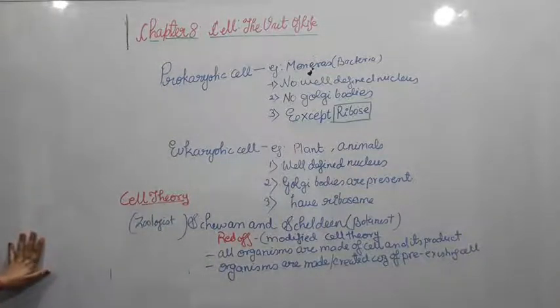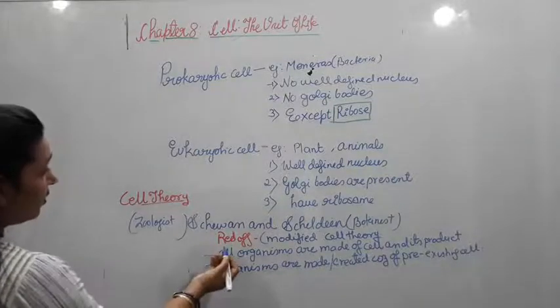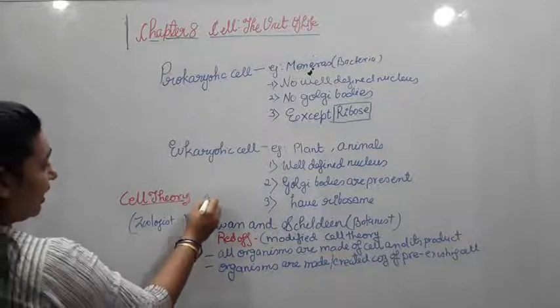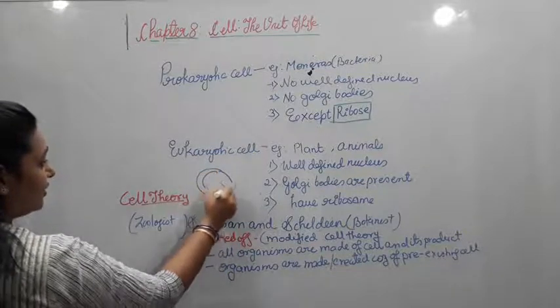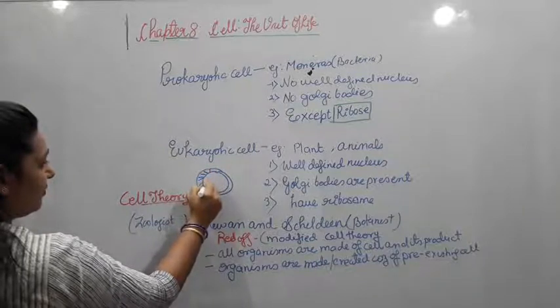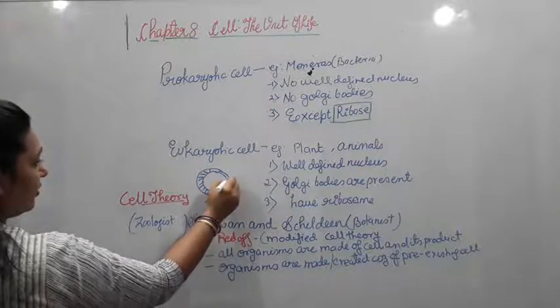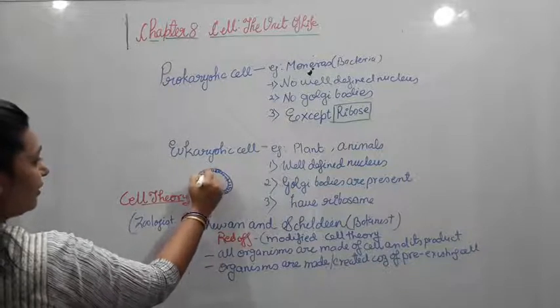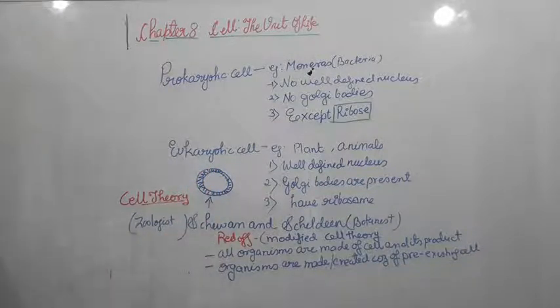So Rudolph modified the cell theory and gave these modifications about the cell. Just the same way as Schwann, he also said that plants have the plasma membrane, and animals have the plasma membrane like this. So this was given by them.